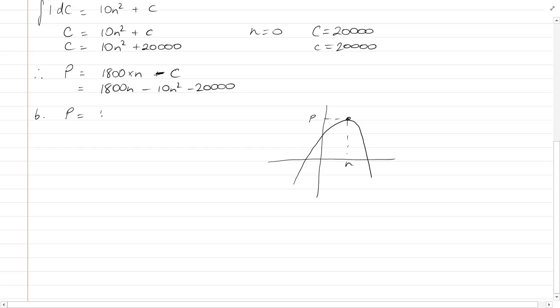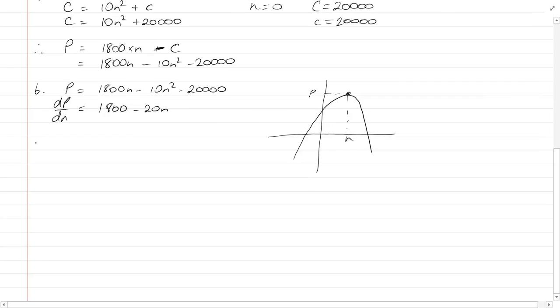P equals 1,800n minus 10n squared minus 20,000. To find a maximum, we differentiate, and then we let it equal 0. 1,800 minus 20n is what we get when we differentiate it.